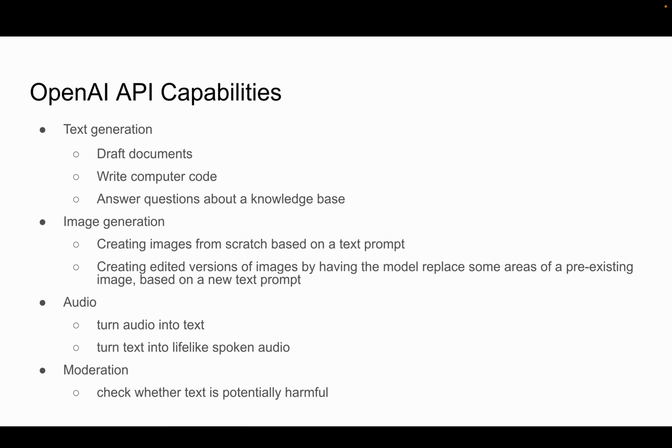It can also generate images based on the text prompt or edit the image by replacing some areas. It can also do speech recognition, like turn audio into text or vice versa, turn text into spoken audio. And it can also do moderation, like check whether the text is harmful or not.